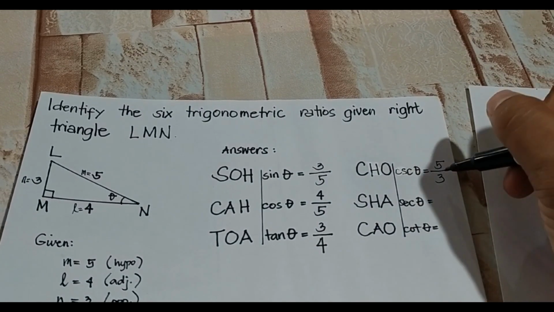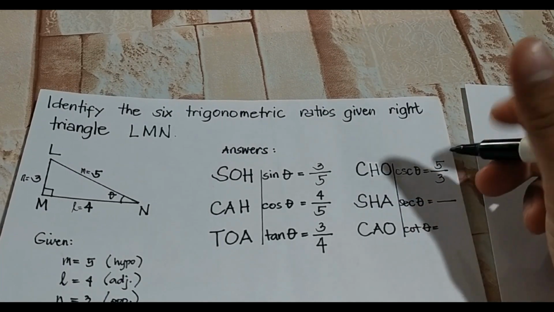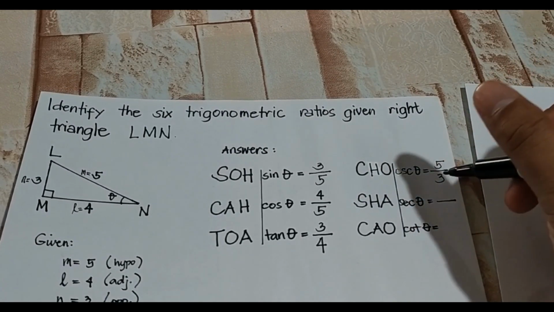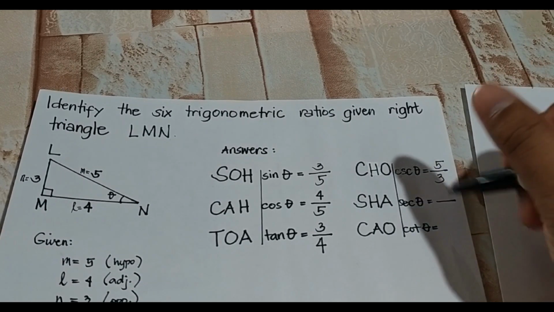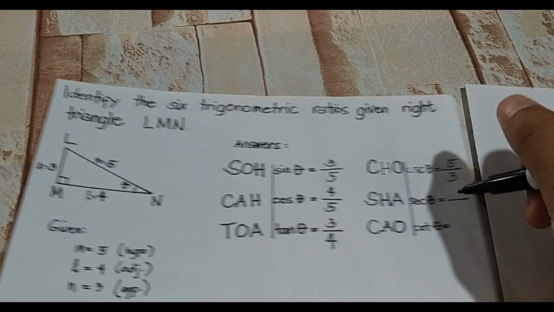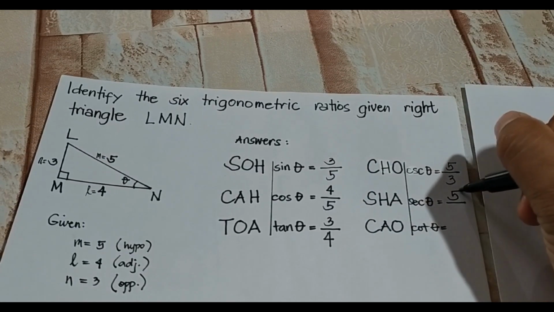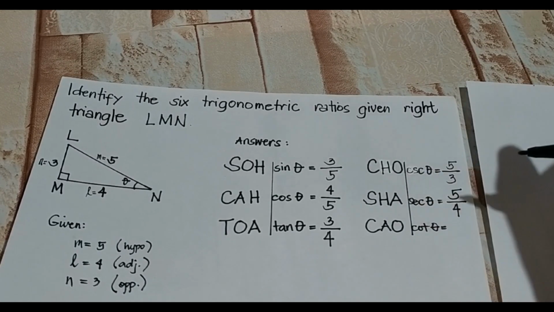So you would have 5 over 3. And for secant theta, you have hypotenuse over adjacent. The hypotenuse is 5, over the adjacent, which is 4.